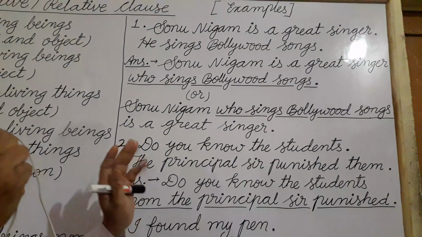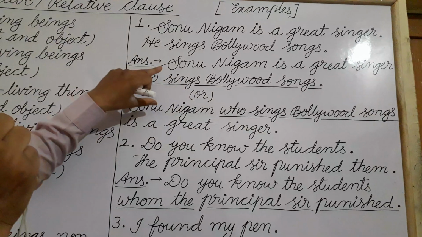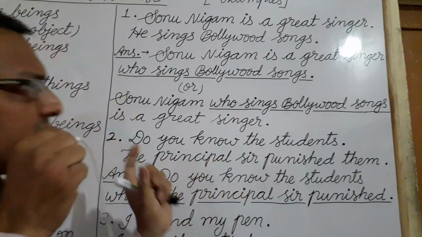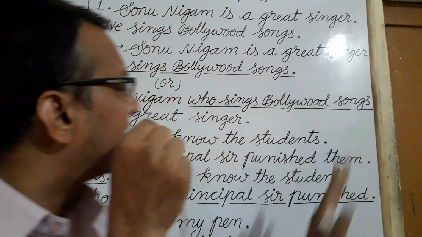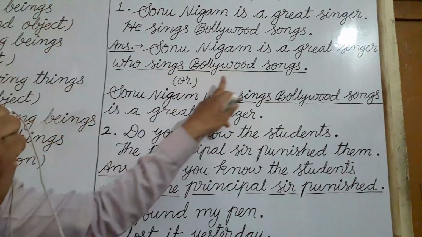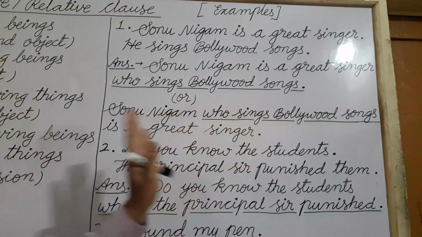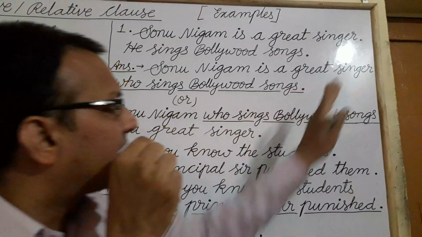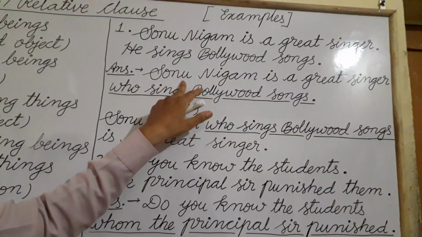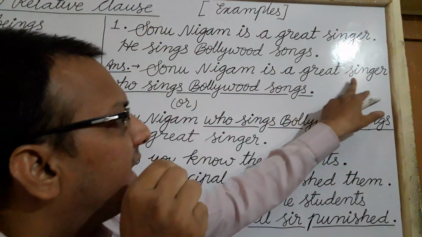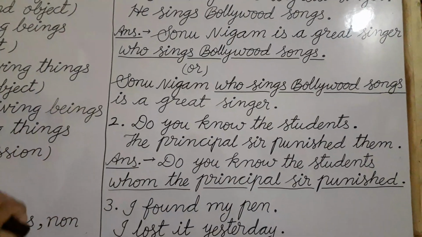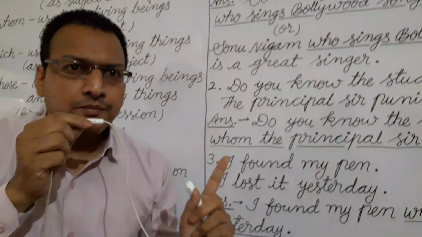Remember one thing, in answer number 1, we have put the adjective clause after great singer: Sonu Nigam is a great singer who sings Bollywood songs. We put it after singer because Sonu Nigam and great singer both refer to a single person.